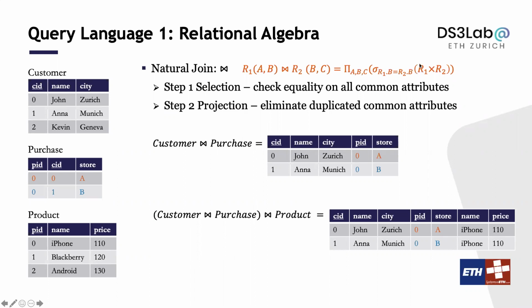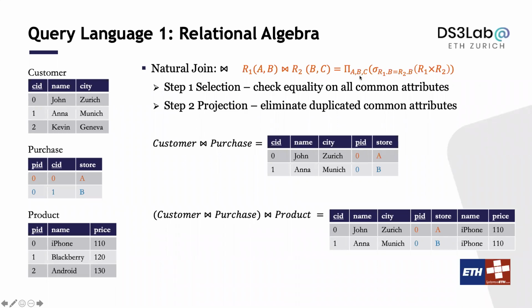But if you really want to write this expression in a very rigorous way, you need to rename R1's B into R1.B, rename R2's B into R2.B, and then when you do the projection, project to R1.B, something like that.